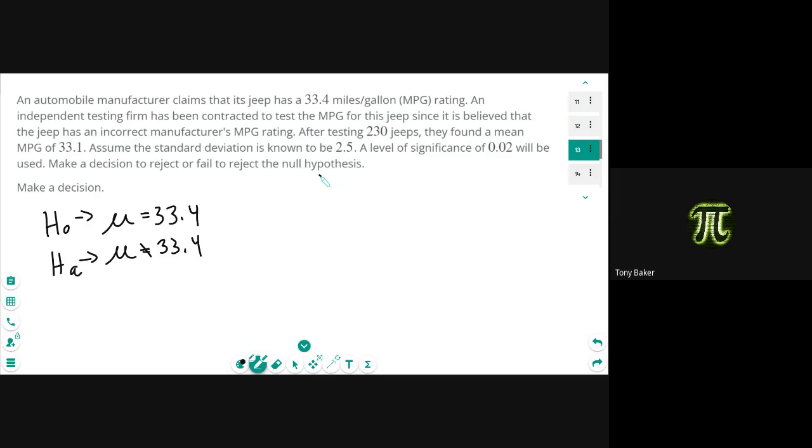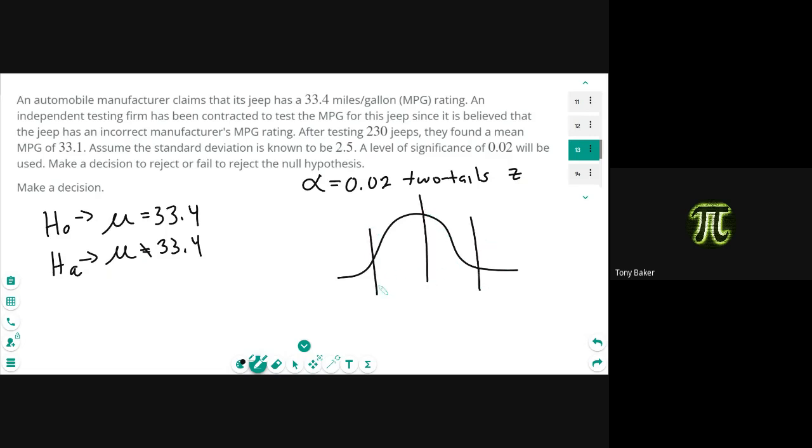So my significance level is 0.02. It's two tails, and it's Z. So for two tails, the critical values are 2.326 and negative 2.326.